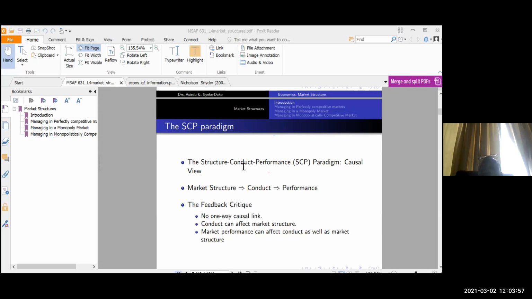People can behave in certain ways that can change how the market is structured. Let me give you an example. If there are about 5 firms producing a product, like Gasem, Diamond, or the cement companies, cement is now a little over 40 Ghana cedis, between 38 and 42 depending on where you live.